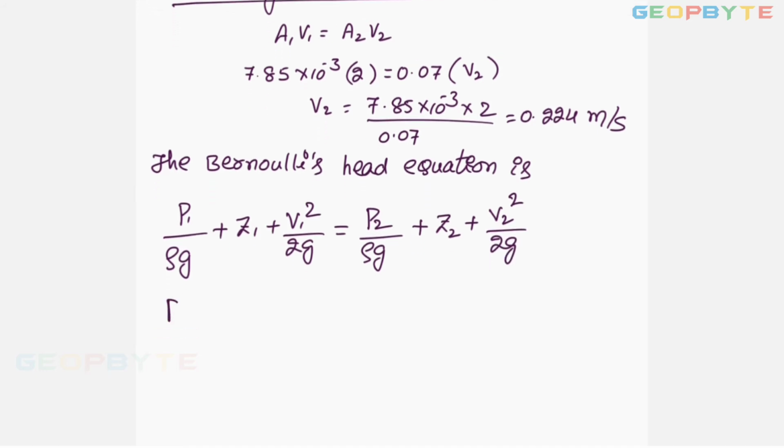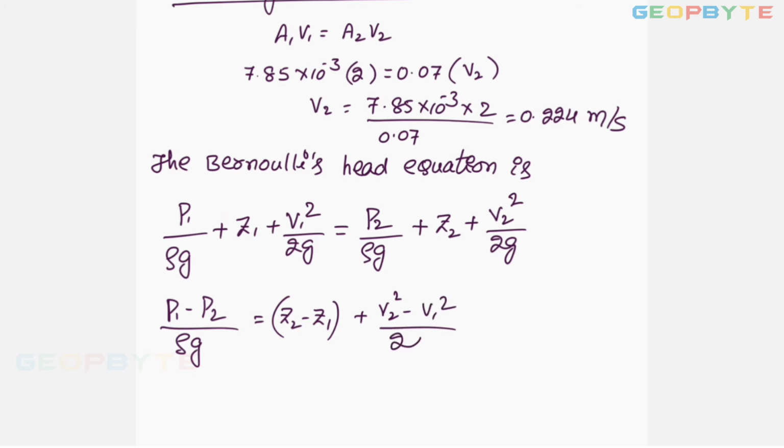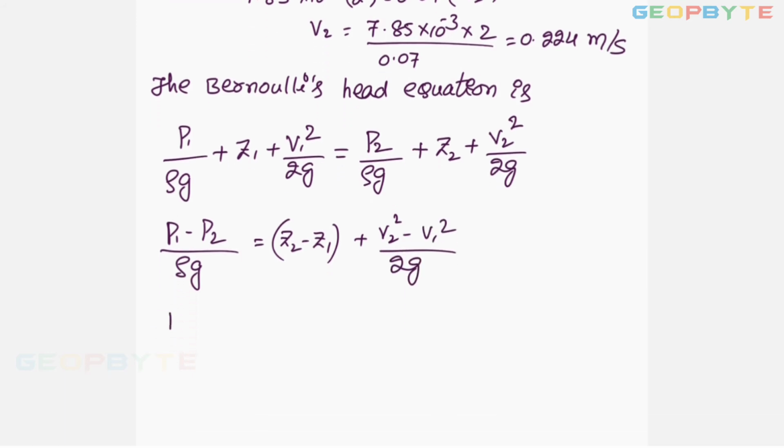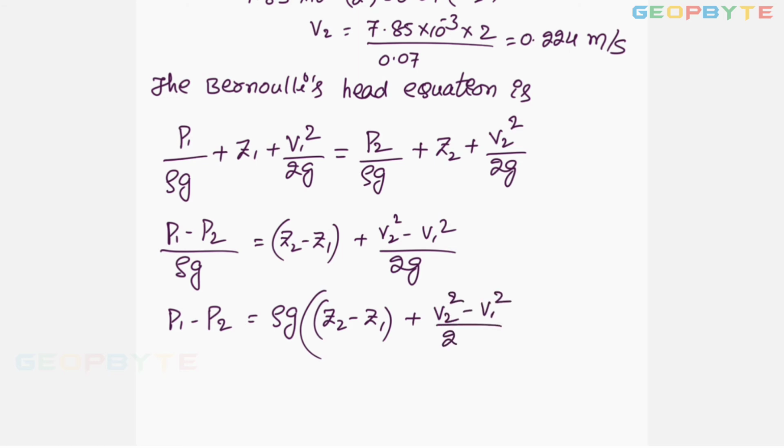From this, P1 minus P2 by rho g is equal to Z2 minus Z1 plus V2 square minus V1 square by 2g, or P1 minus P2 equals rho g into Z2 minus Z1 plus V2 square minus V1 square by 2g.